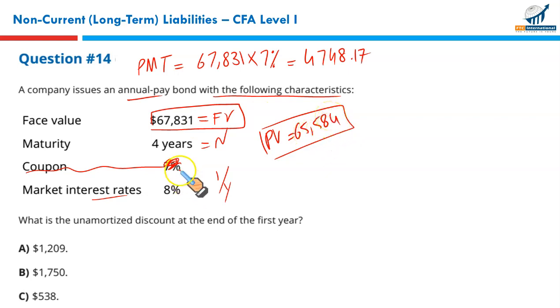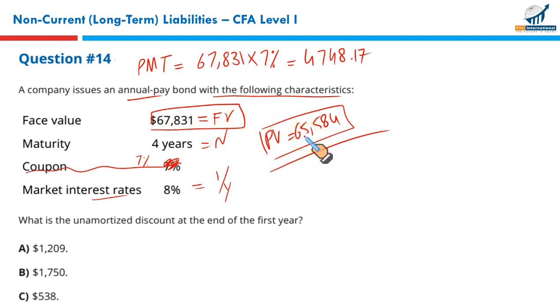You know the reason. You are offering just a 7% interest rate, whereas the market rate is 8%. Since your offered rate is lower and the market rate is higher, your bond with a par value of 67,831 is selling for less. This difference between the par value and the value you received is called the discount.